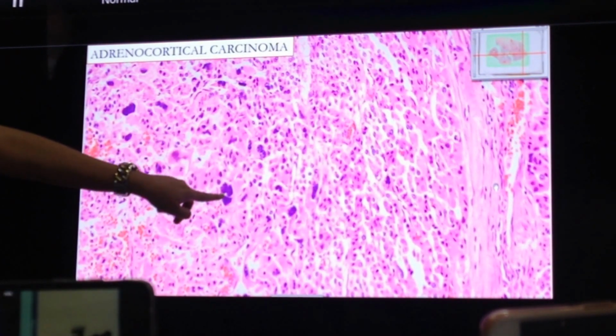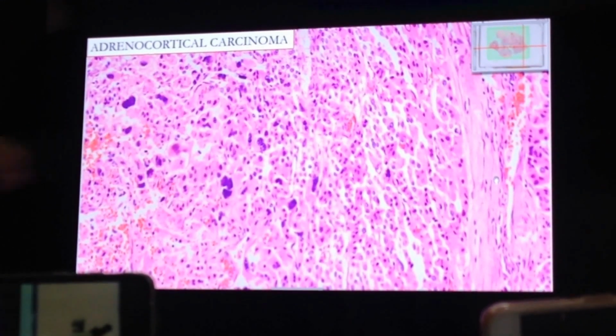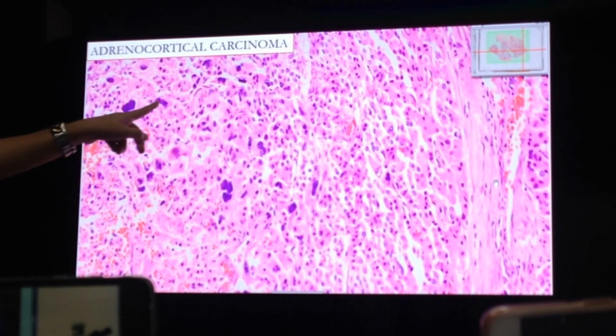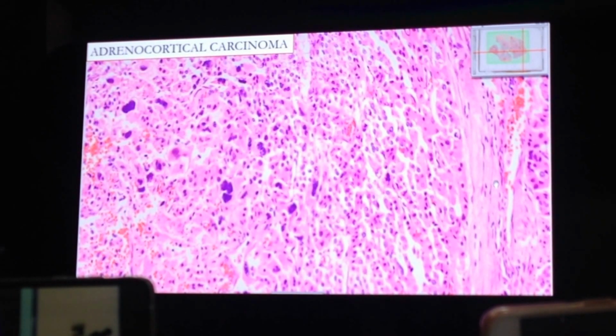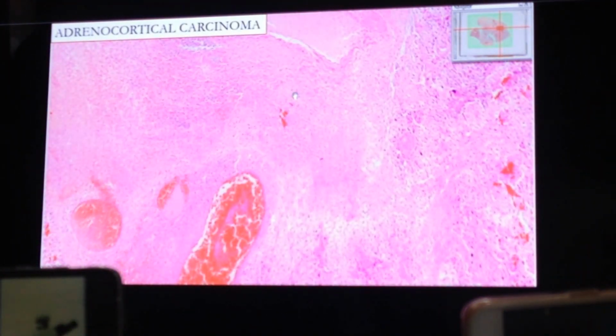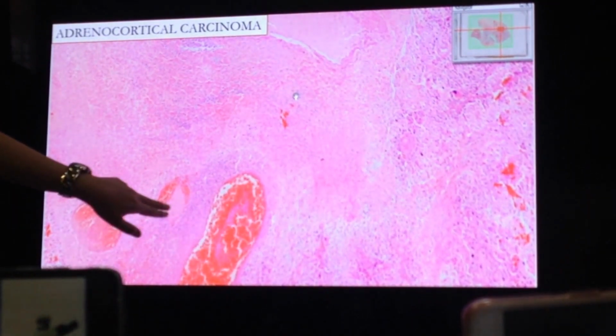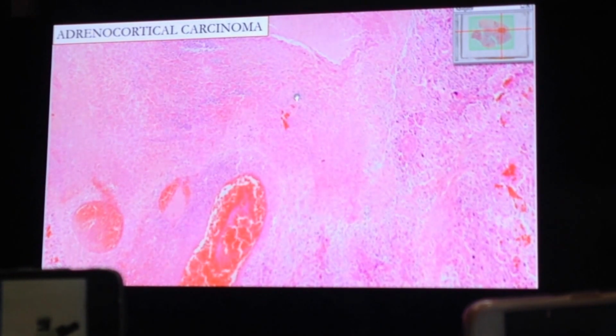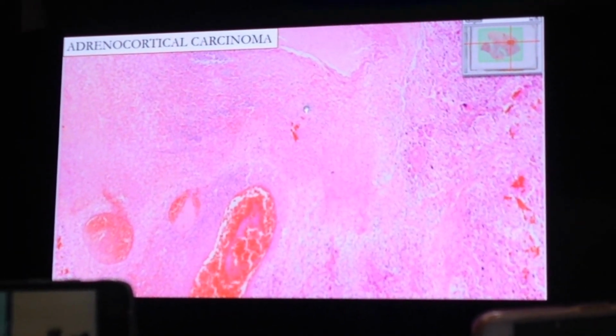Aside from that, there's presence of atypia, enlarged cells, pleomorphic cells. Another thing is the presence of hemorrhage and necrosis. So, may necrosis, tapos may atypia for adrenocortical carcinoma.